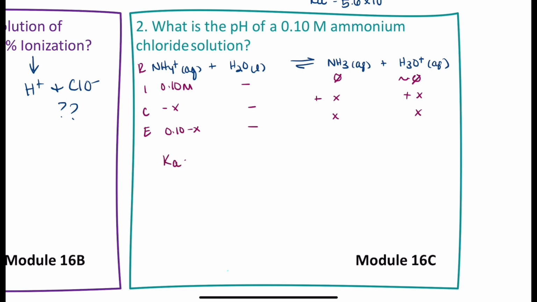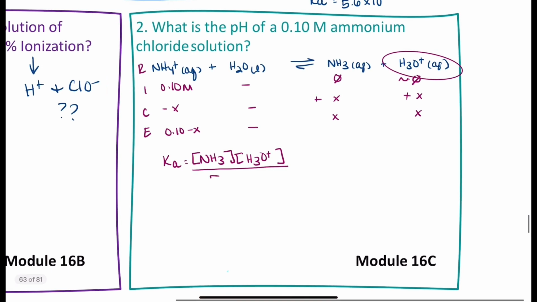I am setting up a Ka expression because I've got hydronium in my product side, so that's going to go in my numerator. So I'm going to write Ka because I'm looking at how much acid dissociated; acids form hydronium ions. It's the Arrhenius definition, the most basic definition we have. Ka equals the ammonia concentration times the hydronium concentration divided by the ammonium concentration.